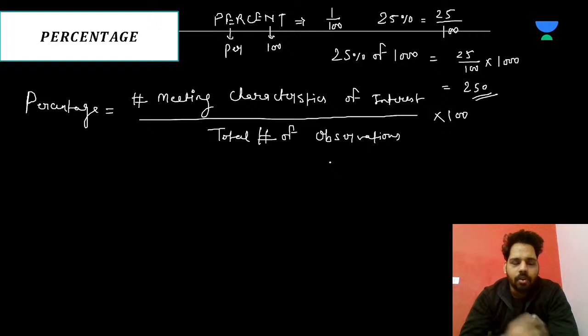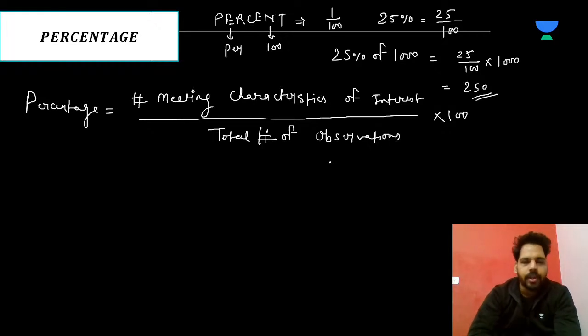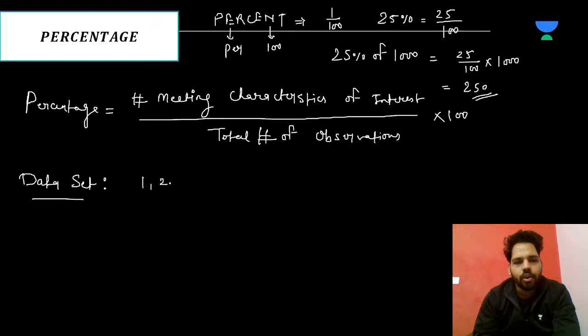Now, how do we use this? This also I'm going to tell you. Just suppose you have some observations. I'm writing one data set: 1, 2, 3, 4, and 5. And I'm asking you how many numbers are even.